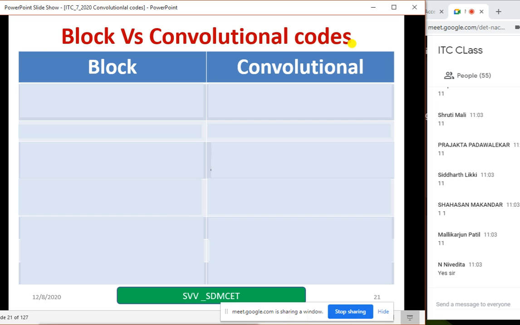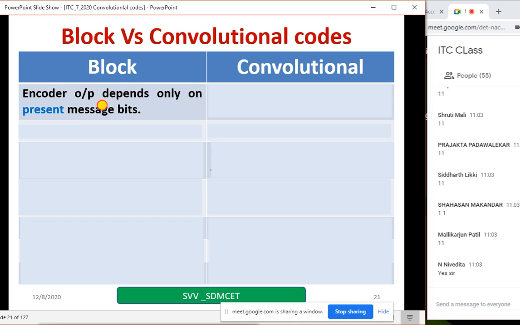Okay. It's one standard question you will find in most question papers and even in the viva also. What is the difference between block codes and convolutional codes? These are some differences you can remember and understand. Block code encoder output depends only on the present message bits.